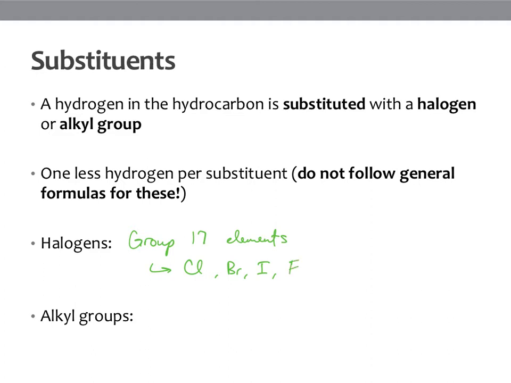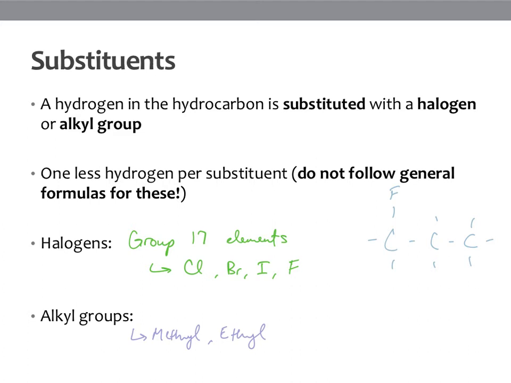Okay, alkyl groups. Those include methyl, ethyl, etc. It's kind of like another hydrocarbon chain, as an example. So I'll draw a few of them for you. Here, the naming system goes the same way as it does for double or triple bonds.